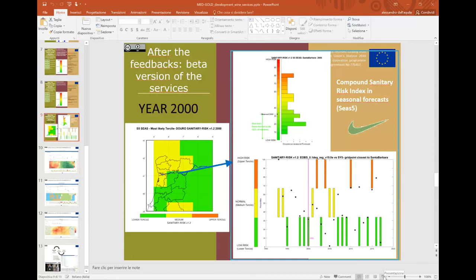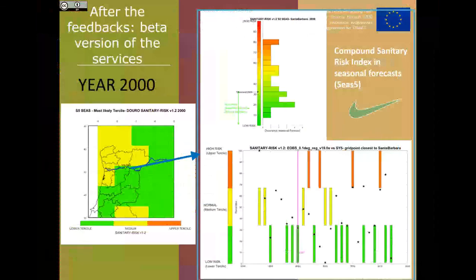This is the time series of observation and seasonal forecast for the Hutjes period from 1993 up to present, in terms of the tercile and percentile for the seasonal forecast, looking at a single grid point.